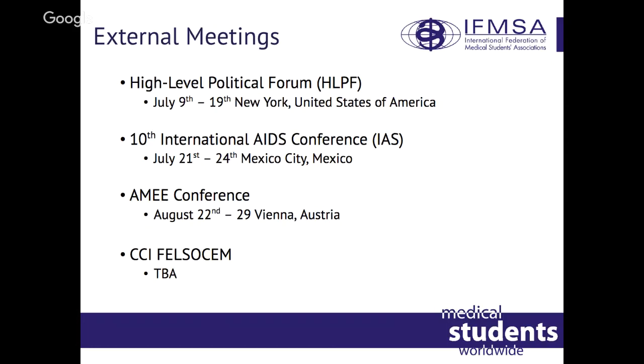Then the EMI conference that will happen from August 22nd to August 29th in Vienna, Austria. Then the CCI FELSOSEM Congress, that is like the General Assembly for FELSOSEM. FELSOSEM is like a research federation that works in our region, and we are invited.